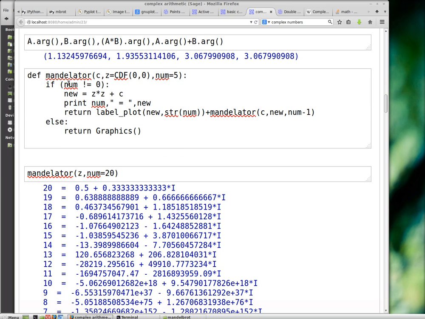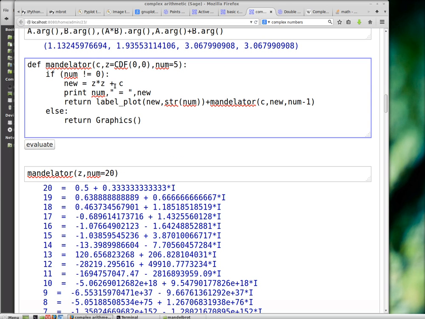All right, and so what I've done here is I've written this stupid program called Mandelator. And what Mandelator does is it executes the Mandelbrot set recurrence a few times, the specified number of times, with a default value of 5. And remember that, there's some equation that gets iterated. It's this equation.